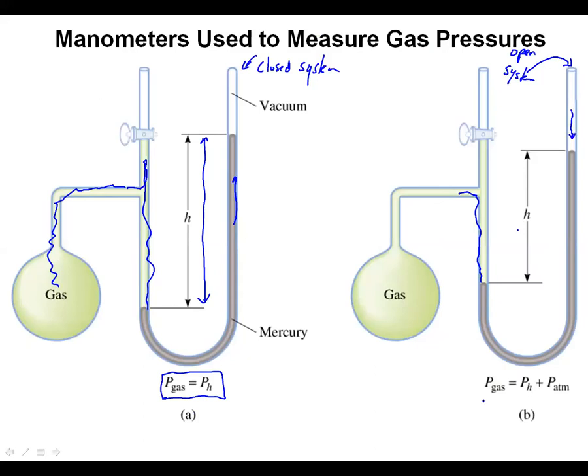So when we want to find the pressure of the gas in an open situation, you do have to take into account the atmospheric pressure that would be pushing back down on it. So the pressure of the gas would equal the height of the column, just like before, plus the atmospheric pressure that would be pushing down on it, again, because it's basically open to the system.